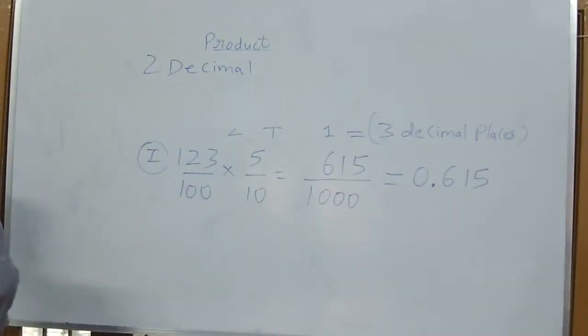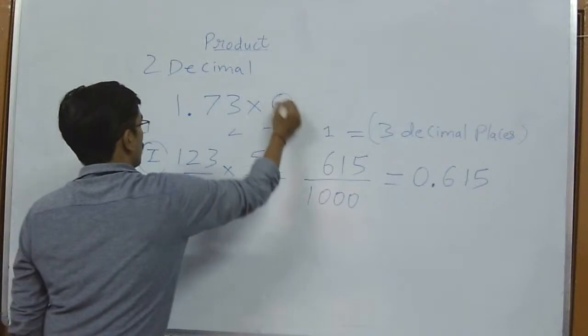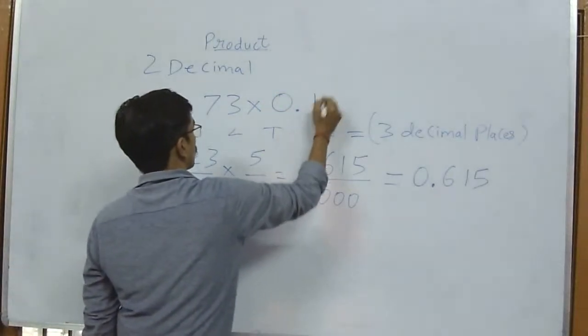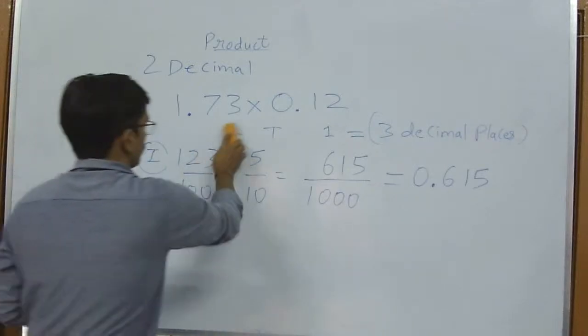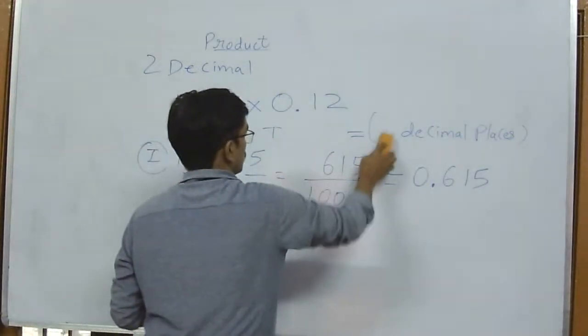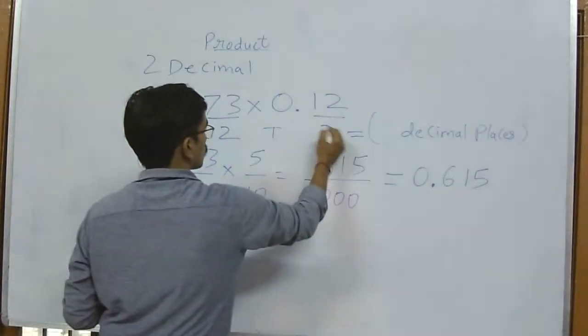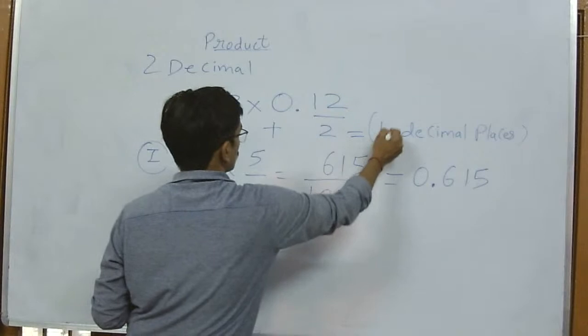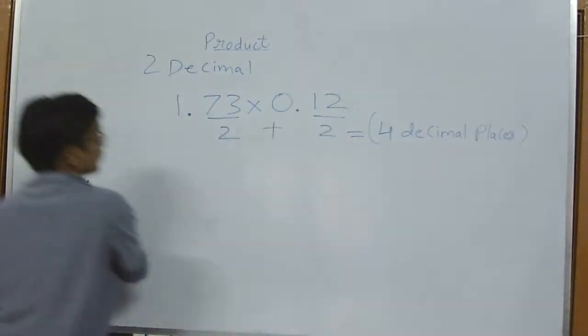अभी just one question from your exercise. 1.73 multiplied by 0.12. Tell me how many decimal places. There are 2, here also 2. So 2 plus 2, how much? 4 decimal places.